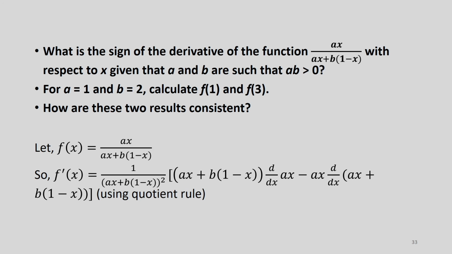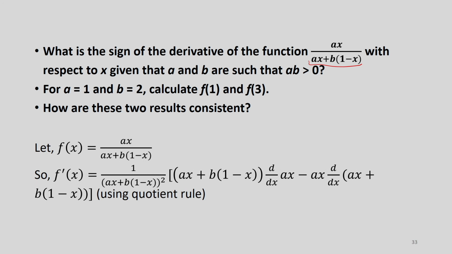Okay, here is another problem from differentiation. What is the sign of the derivative of the function a x divided by a x plus b of 1 minus x with respect to x, given that a multiplied by b is greater than 0?